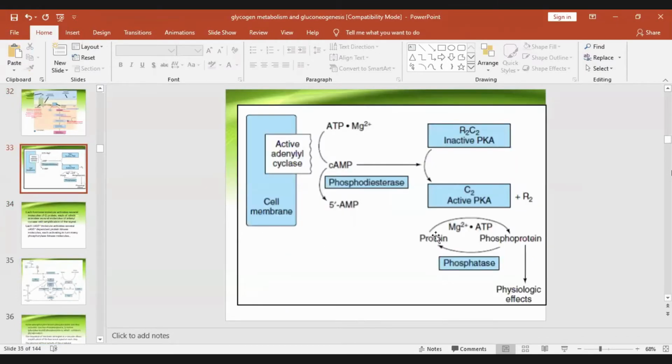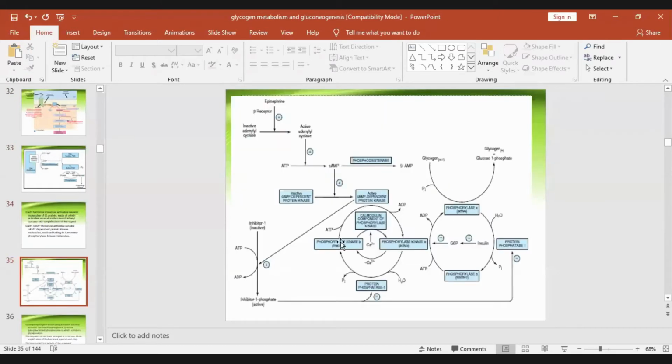Next slide. Cyclic AMP dependent protein kinase is activated, which activates phosphorylase kinase B by phosphorylation, utilizing ATP, and phosphorylase kinase activates phosphorylase B to phosphorylase A. This is the dephosphorylated form, this is the phosphorylated form. As the phosphorylase is phosphorylated by phosphorylase kinase, it becomes active.